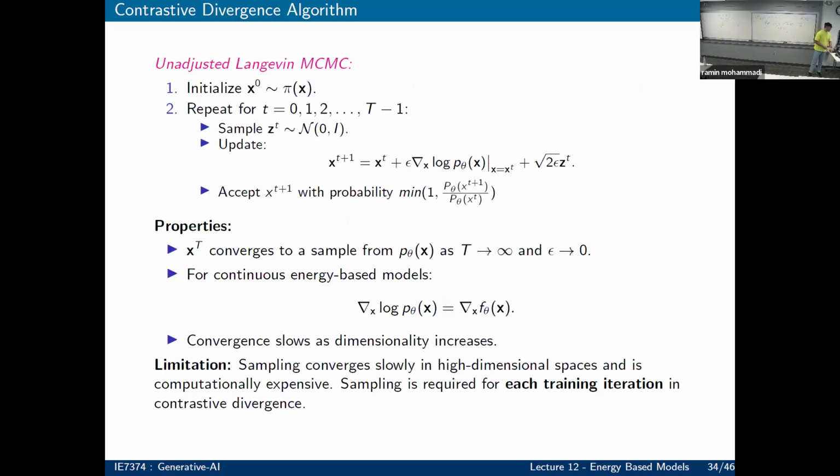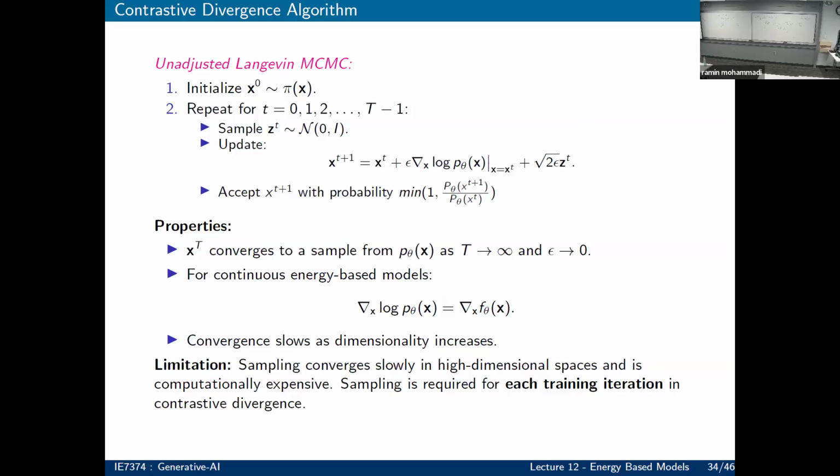So there is a second version, an improvement here, and that's the adjusted Langevin MCMC. In this scenario, we start with an image again. This is during the training. For a couple of timesteps, you add noise. How do you add noise?